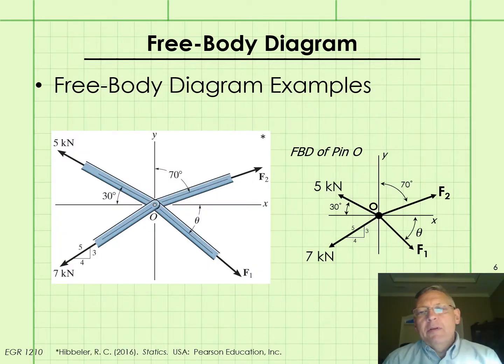Let's look at a couple of free body diagram examples. In this first example, we have 4 struts that are connected together at point O by a pin and loaded as shown. And let's assume that we're asked to draw a free body diagram of the pin that's connecting these 4 struts together.